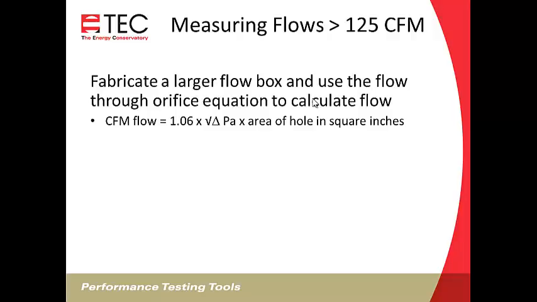So if you have a hole that's 5 by 5, that'll be 25 square inches. If the pressure in the box is 1, then that's what your flow is. You would multiply by 1.06 times the square root of the pressure times the area of the hole. So that's the formula you'll use based on the size of the hole you have.